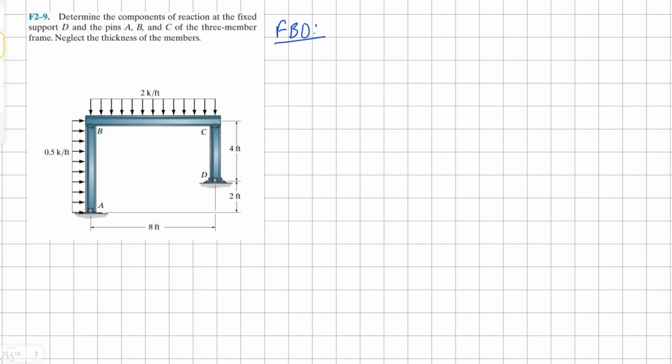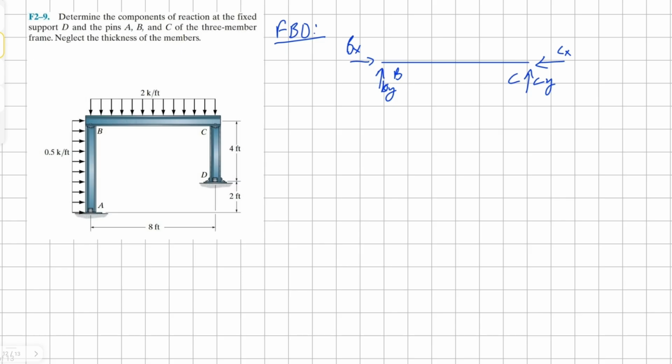I'm going to start drawing member BC. For BC, we have horizontal and vertical component reaction forces. Similarly, we have horizontal and vertical component reaction forces for point C as well, because both of these are pin connections.